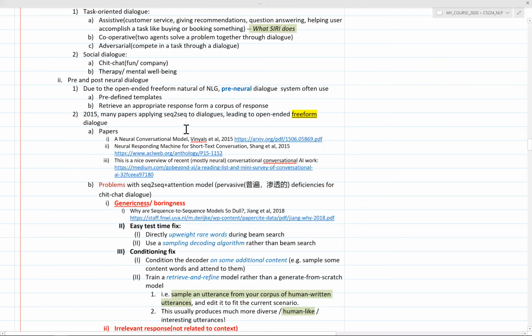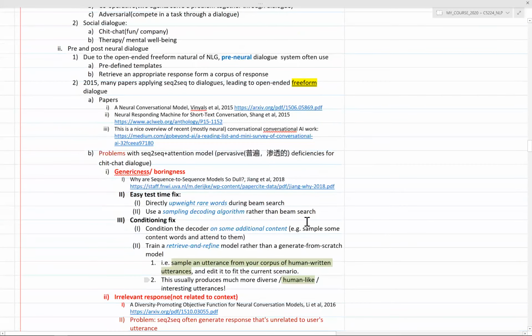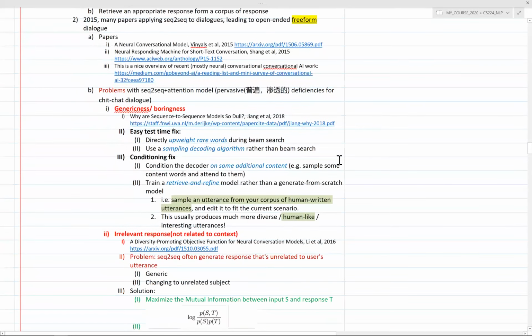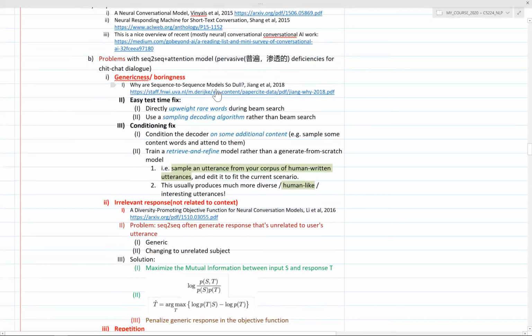After 2015, many papers came out using seq2seq models on dialogues, reaching toward more open-ended, free-form dialogues. These are some papers that are mentioned in the following slides. During this neural dialogue time, we were using seq2seq plus attention models to solve these problems.